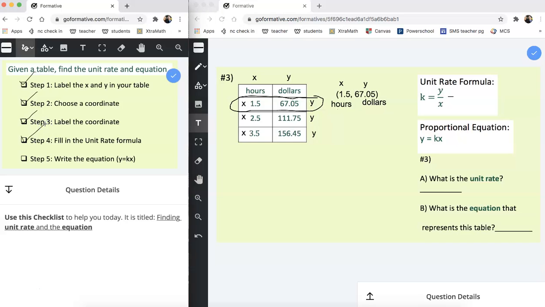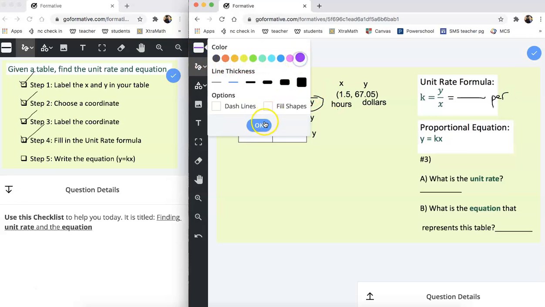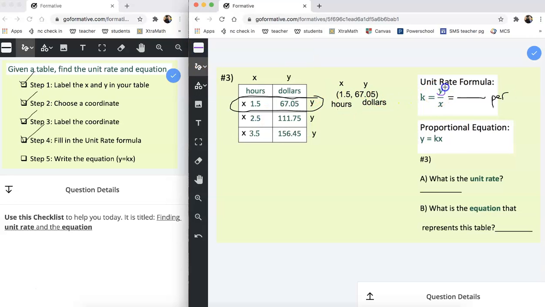Fill in the unit rate formula. So now we're going to find the unit rate, and then from there we can easily find the equation. So I grab the scribble tool, and I'm going to write equals, draw my fraction bar, write in the word per to go with the fraction bar, and then I'll grab a new color, and I am first looking for my Y value.